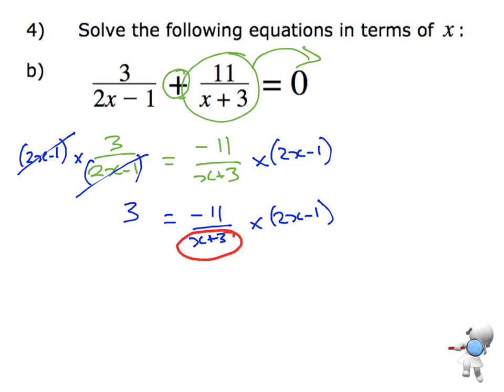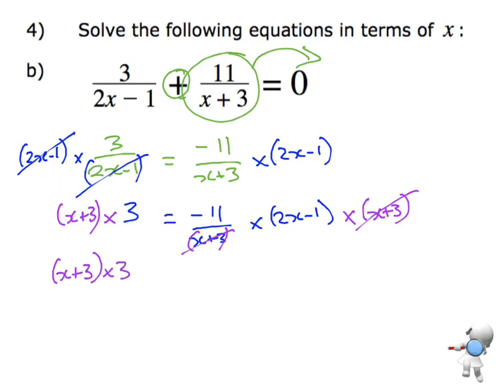The opposite of dividing by x plus 3 is multiplying by x plus 3, so I am going to multiply both sides by x plus 3. That means this x plus 3 and that x plus 3 will cancel, and that will leave me with x plus 3 times 3 is equal to minus 11 times 2x take away 1.